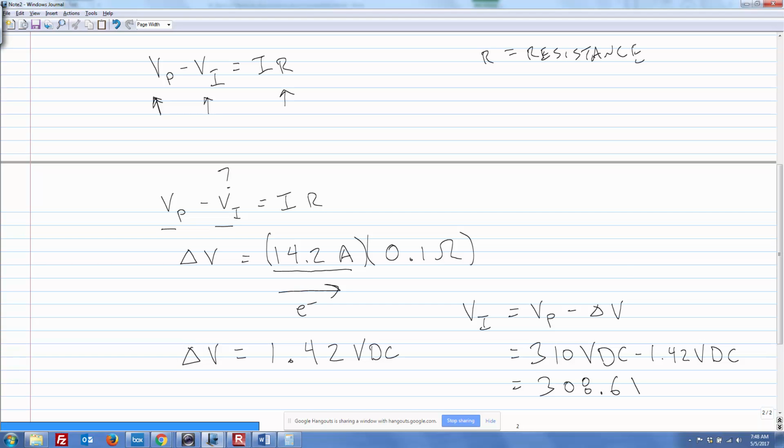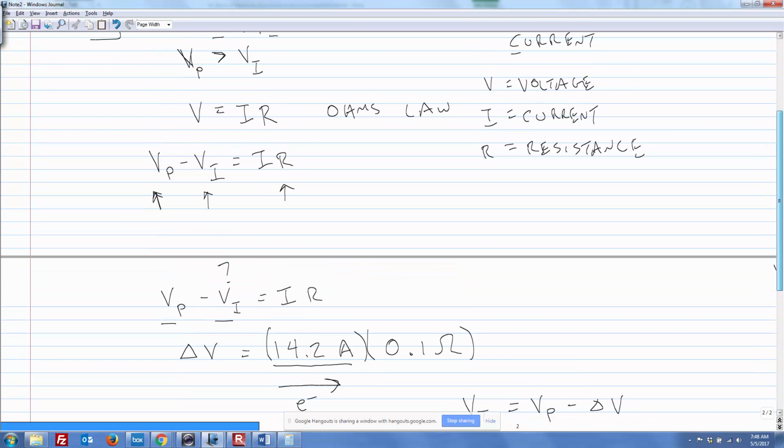308.6 volts DC. So the voltage at the inverter is 308.6. Okay, so now we can say 308.6 is less than 310.